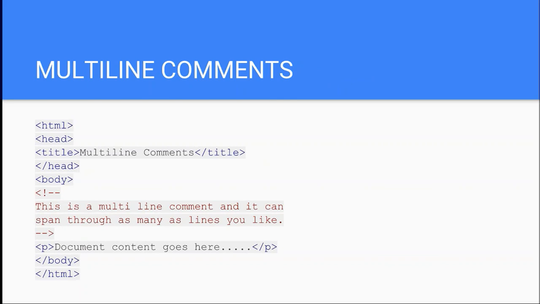You can comment multiple lines by a special beginning tag, this one, and ending with this one, placed before the first line and at the end of the last line, as shown in this example.